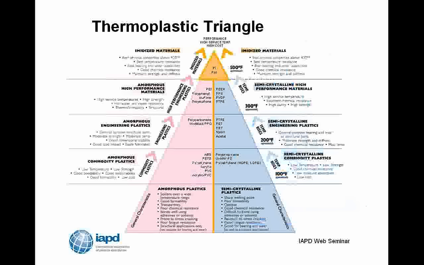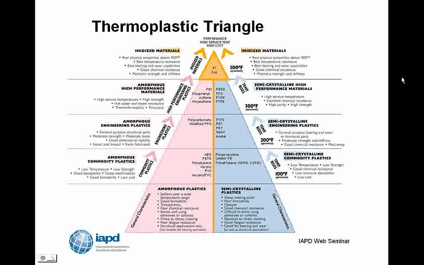And what you see here is all the amorphous plastics, or many commercially available amorphous plastics, are on the left in pink. On the right in blue, you'll see semi-crystalline plastics, and at the top of the triangle, you'll see these imide materials, and they won't really be part of our discussion today. Perhaps if IAPD has me back at some future point, we can talk about those. But the important thing to remember for today is the amorphous plastics are in pink on the left, and the semi-crystalline plastics are in blue on the right.